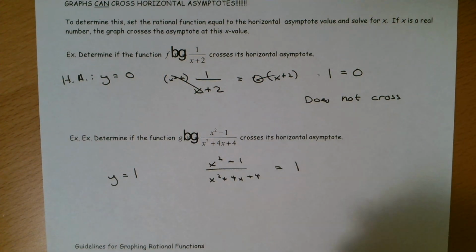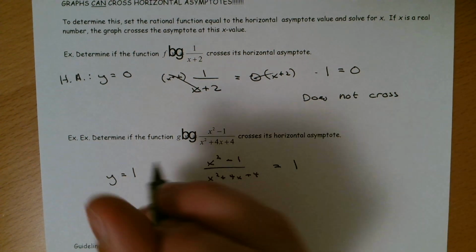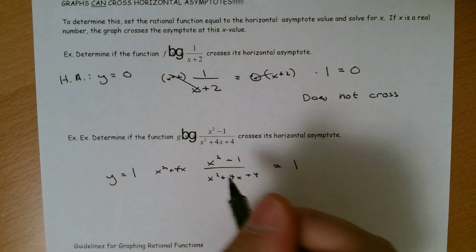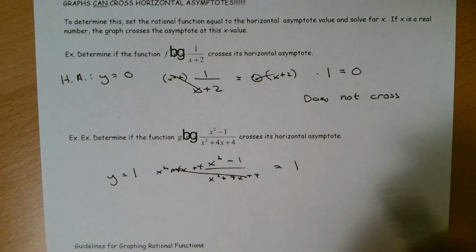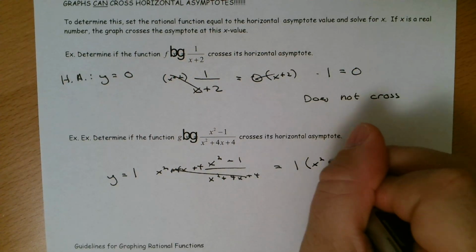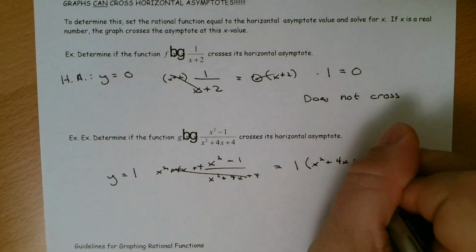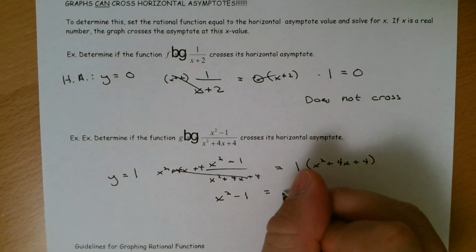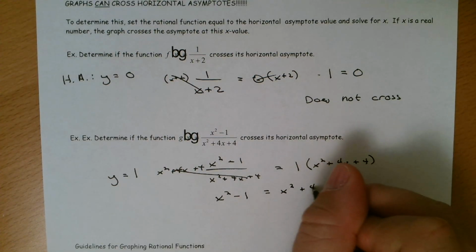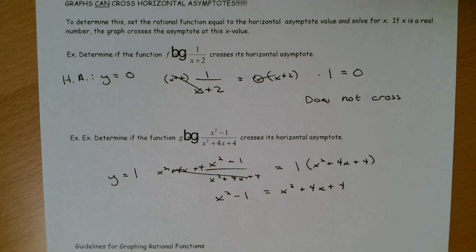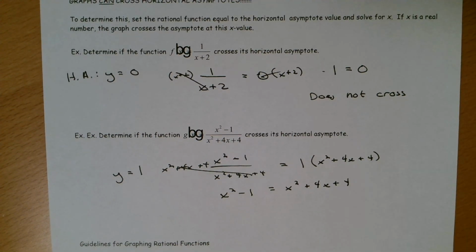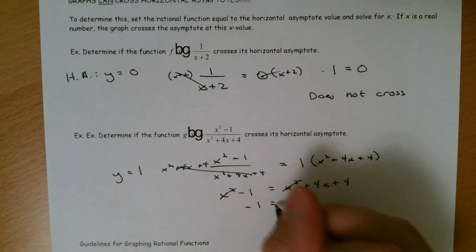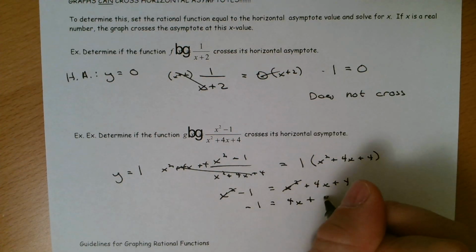If it does equal 1 somewhere, we'll find out where. We'll solve for x. So what we're going to do is multiply both sides by x squared plus 4x plus 4. So those will cancel out. We end up with x squared minus 1 equals x squared plus 4x plus 4. So we can maybe solve this now. Let's see what happens. Our x squareds are going to cancel out, we end up with negative 1 equals 4x plus 4.